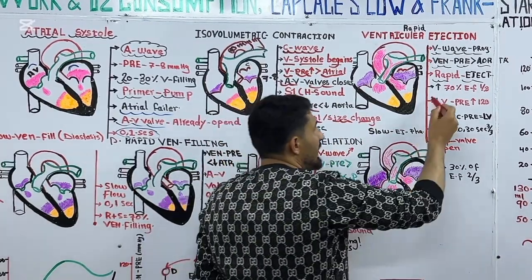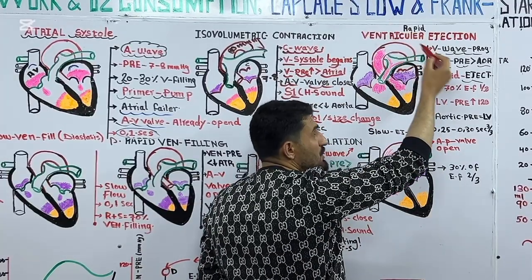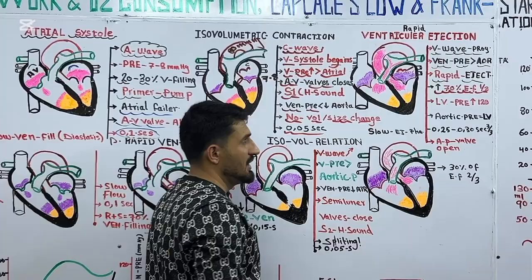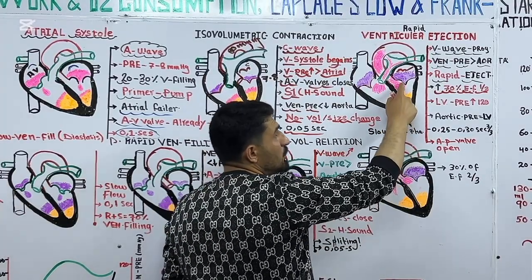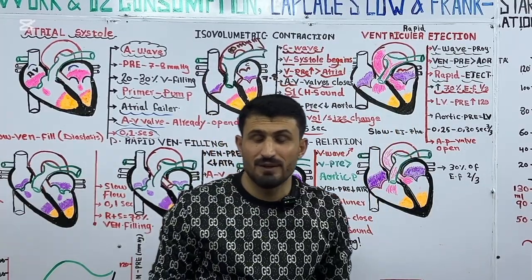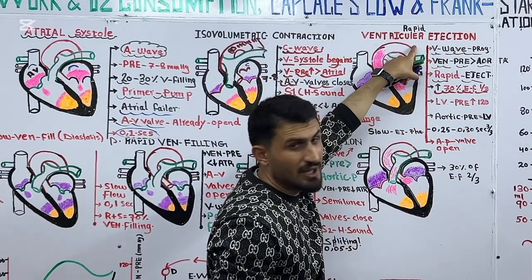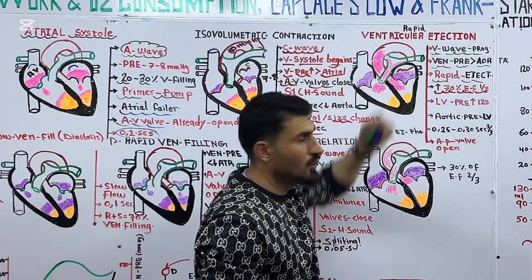So in this rapid ventricular ejection phase, 70% of blood will be ejected. Got it? And this rapid ventricular ejection phase is around 1/3 of the whole ejection phase of the left ventricle.